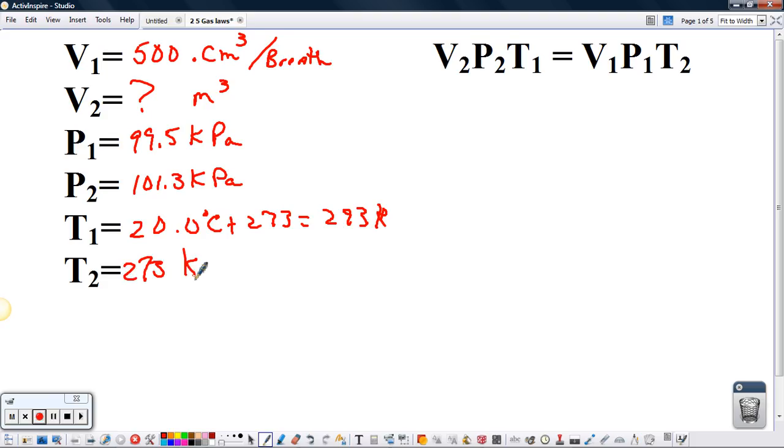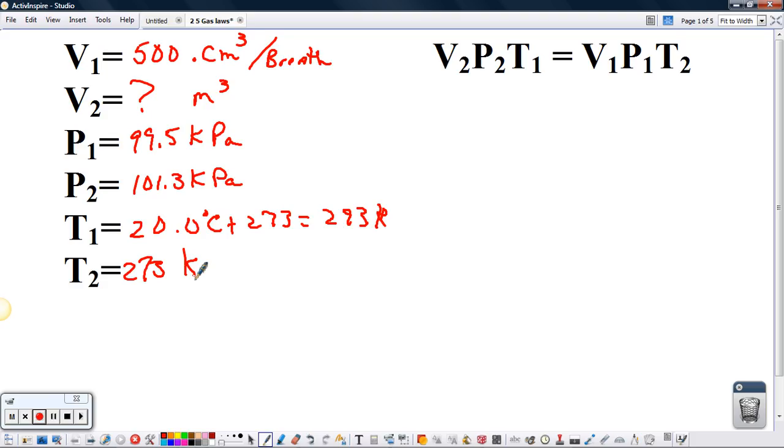How much air does an individual breathe in 1 day? So the first thing we need to do is every time my breath goes in and out, I'm breathing 500 centimeters cubed. That's a half a liter for every breath. But the temperature is 20 degrees C and 99.5 kPa.